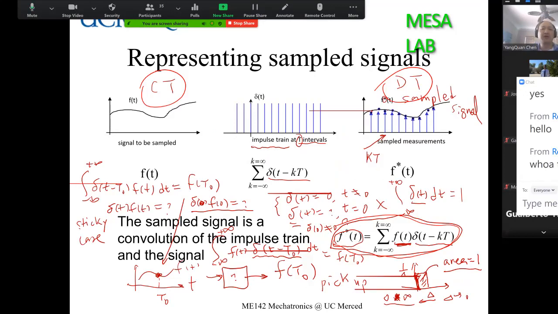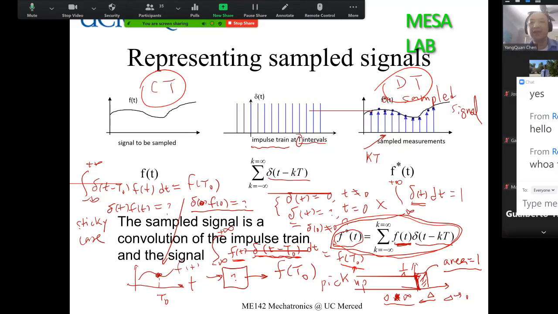We can tolerate this slide because we are reviewing the delta function. We know the delta function is a generalized function. It has a shifting property. So what's the shifting property? If you have f, and you multiply by delta of t minus t0, you only have this one point, t0, left.